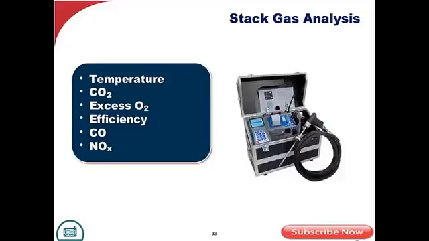It'll also say whether or not we've got any carbon monoxide in that gas, if we've got any nitrogen oxides, which, of course, nitrogen oxide, NO and NO2, is a precursor to smog, so we want to limit that, especially in places like California and Texas and Louisiana and New Jersey and other places. That's what this stack gas analyzer that you see here will do for us.